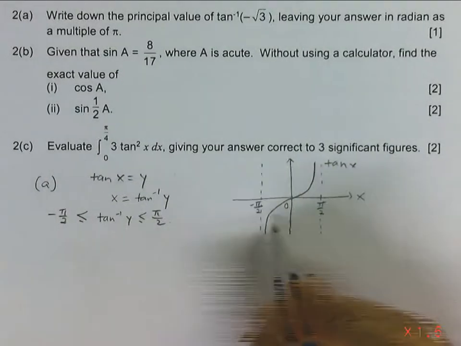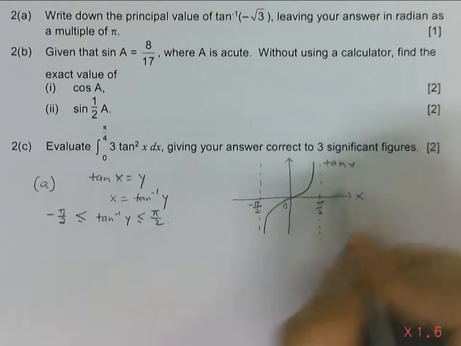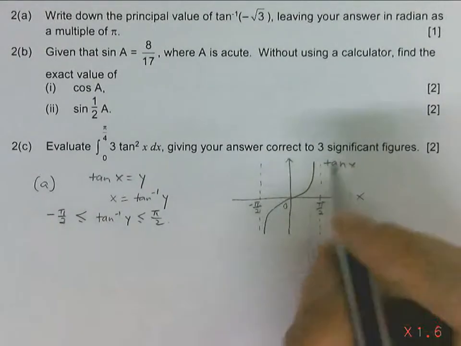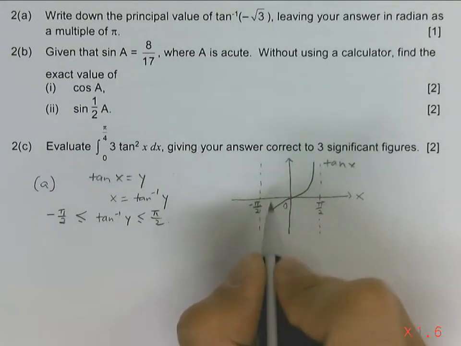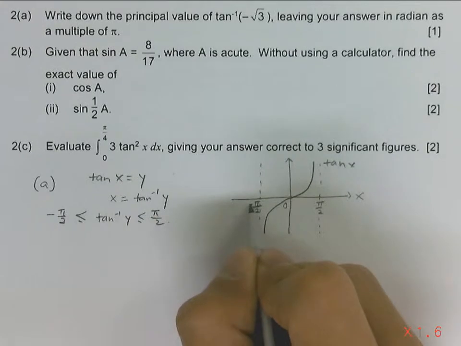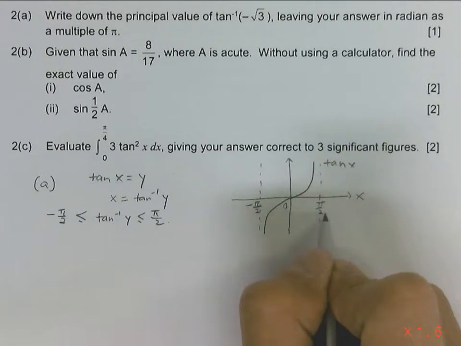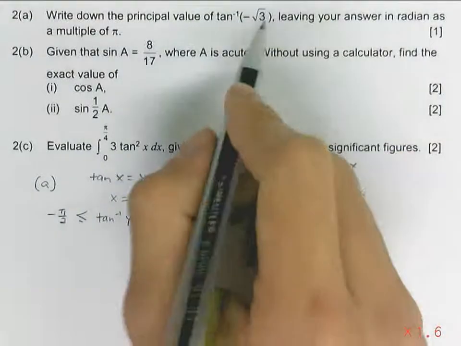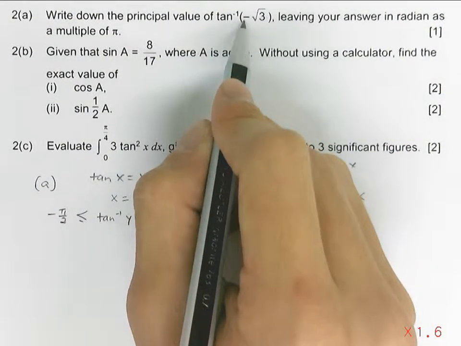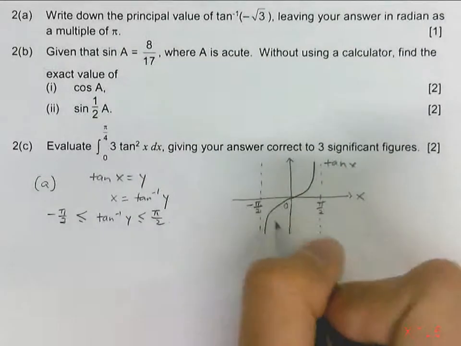Likewise, you can see it from the trigonometry graph, the tangent x graph. So the principal range means that the angle you're supposed to find is in between minus pi over 2 and pi over 2. Now, since the ratio is given as a negative ratio, tangent negative would be in the fourth quadrant.